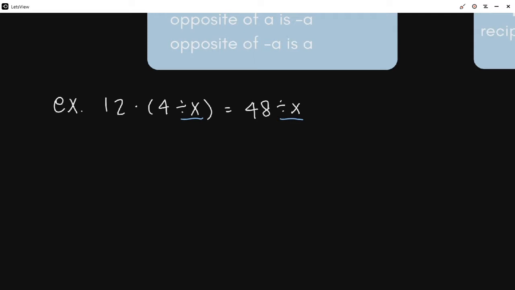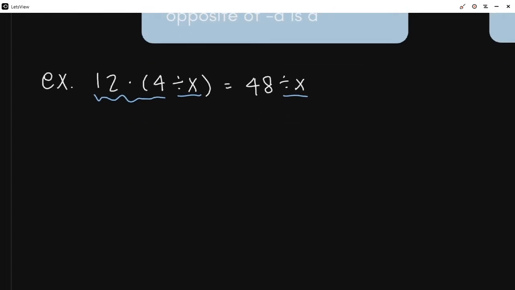All they changed was they multiplied 12 times 4. So in order to do that, they moved the parentheses to 12 times 4 divided by x. So since we moved the parentheses, this is the associative property.